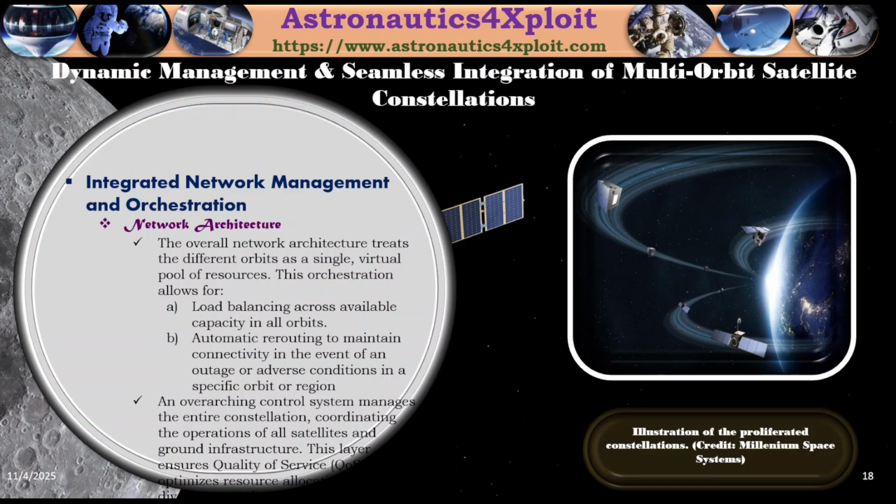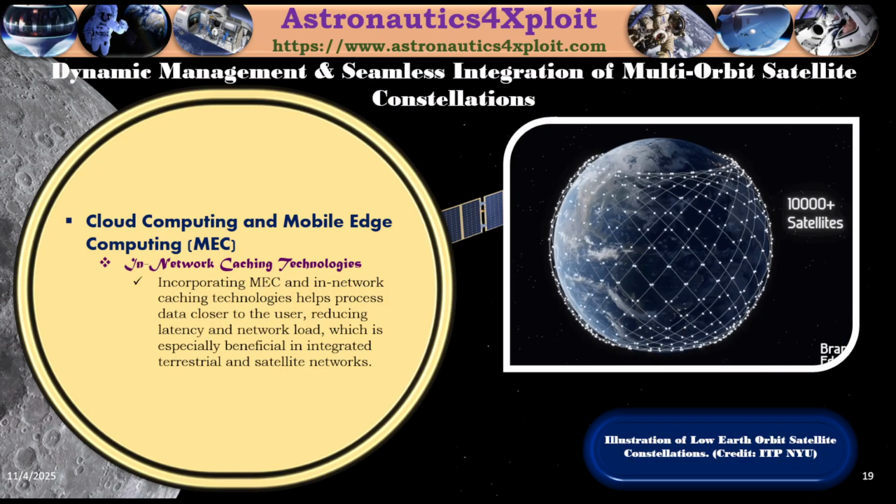Integrated network management and orchestration. The overall network architecture treats the different orbits as a single flexible pool of resources, and this orchestration allows for load balancing, automatic rerouting, and overall control as the system manages the entire constellation. Illustration of the proliferated constellation is shown in this picture.